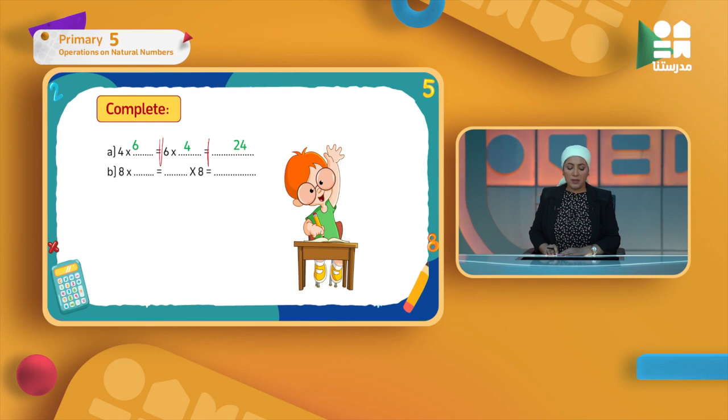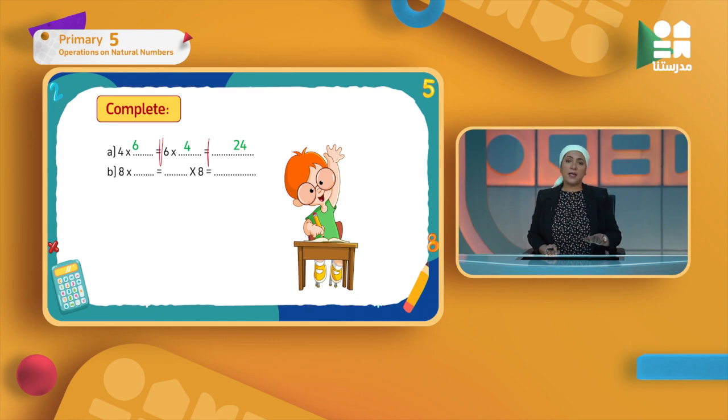عشان كده بنقول إنه شوية زيها زي الأديشن. 8 times what equals what times 8 equals what. طيب إيه النيوترال element بتاعي في المالتيبليكيشنز اللي يخليها زي ما هي؟ It can be the 1, it's my neutral element, or in this case I can also use any number that I want.